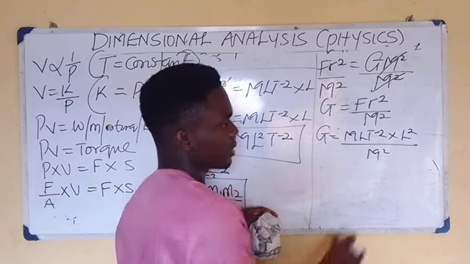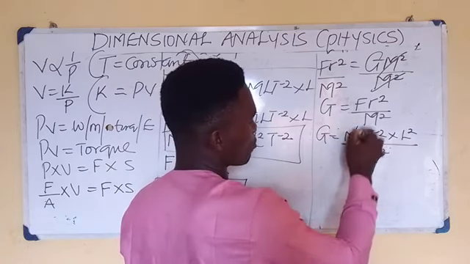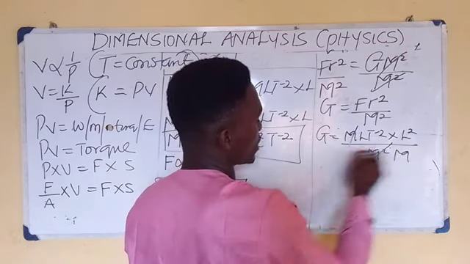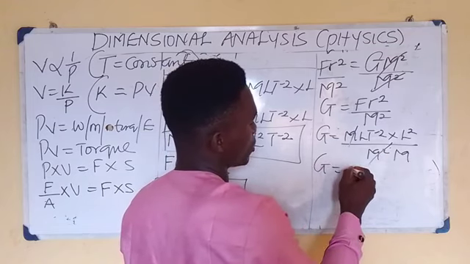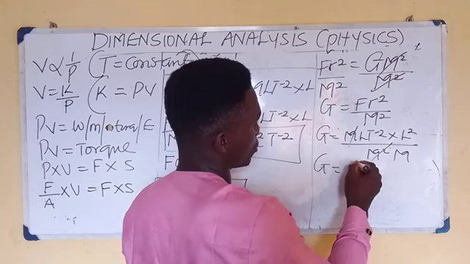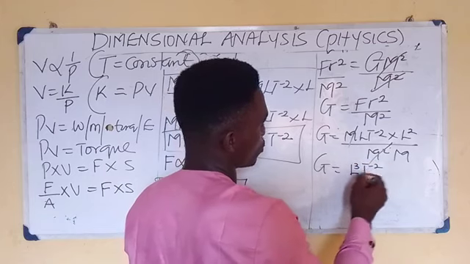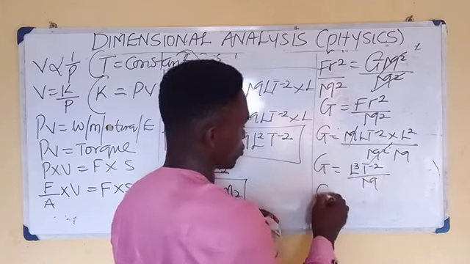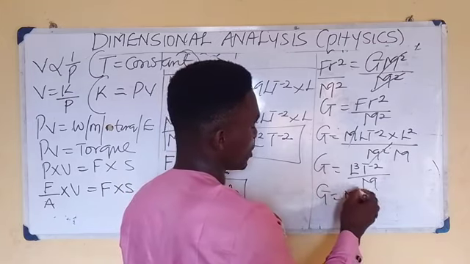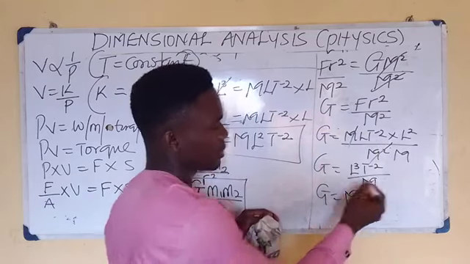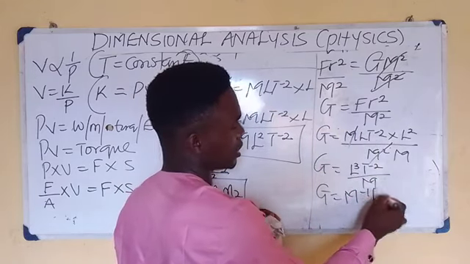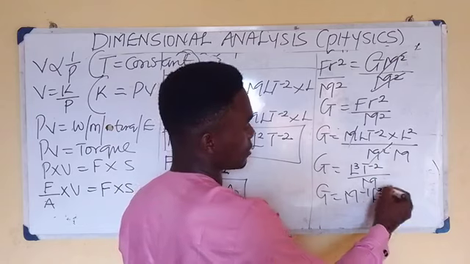Is that what I have? Yeah. So if I have M, cancel out one M, I'm left with one M. So G is equals L cubed, then T minus 2 over M. So G is equals M minus 1, because if this M goes up, it becomes minus 1, then L cubed, then T minus what?